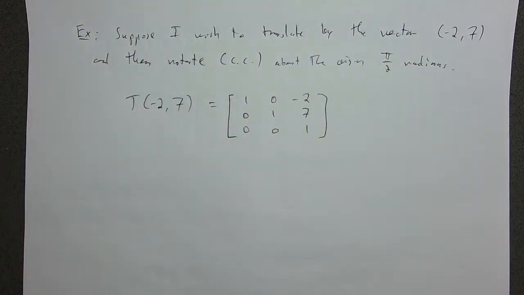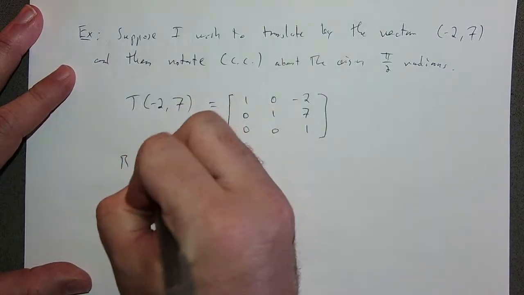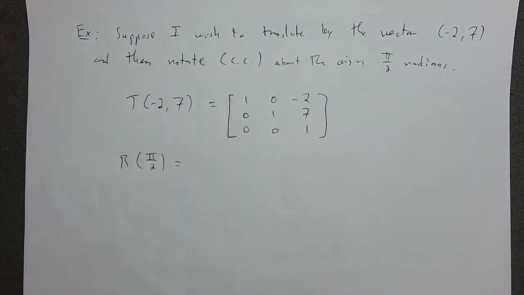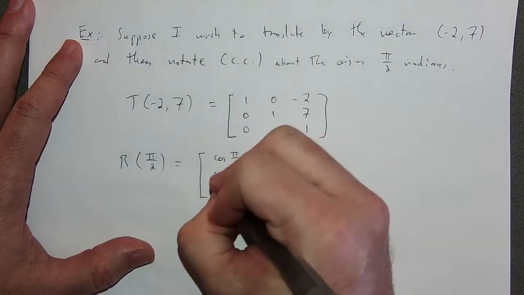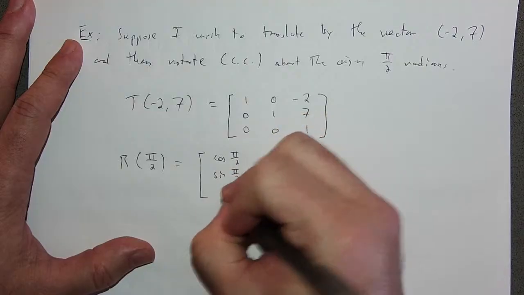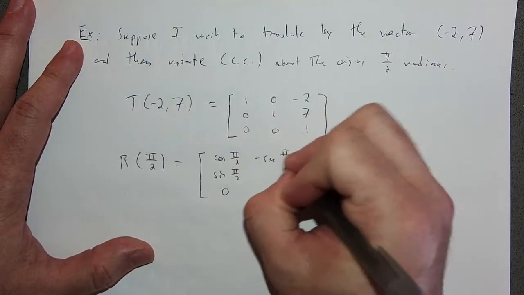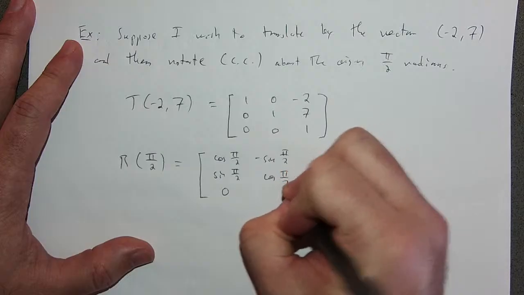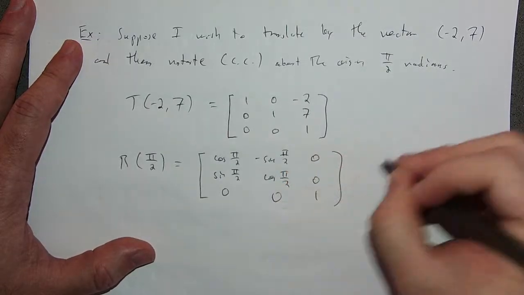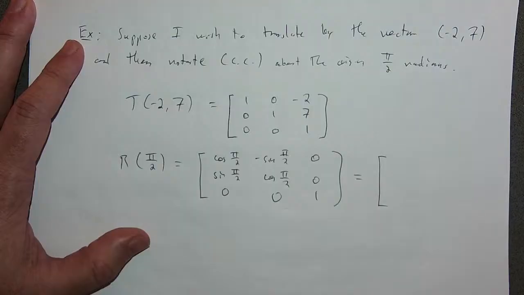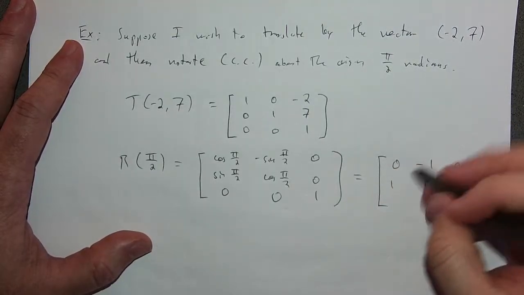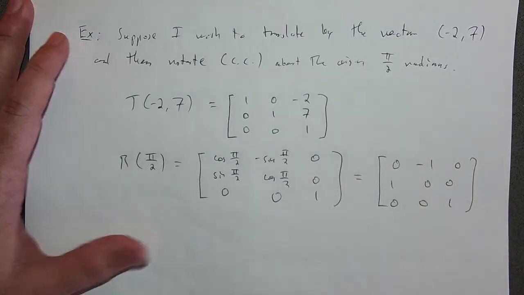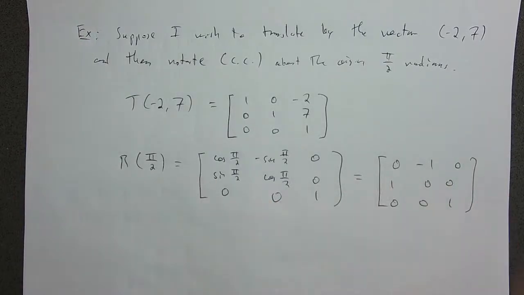And then our rotation matrix is R of pi over 2, which, reminding ourselves here, reading column-wise, is cosine pi over 2, sine pi over 2, 0, minus sine pi over 2, cosine pi over 2, 0, 0, 0, 1, which very quickly is 0, 1, 0, minus 1, 0, 0, 0, 0, 1. I know I was reading column-wise here and then row-wise there, so I did something bad, but it's fine.